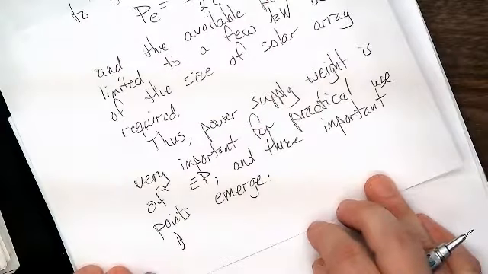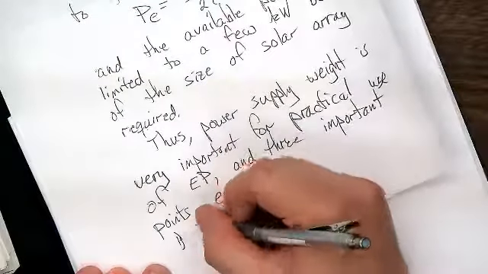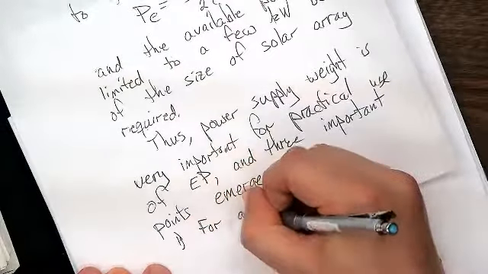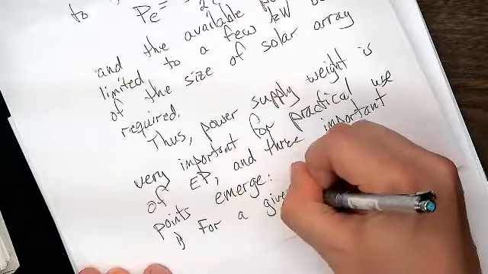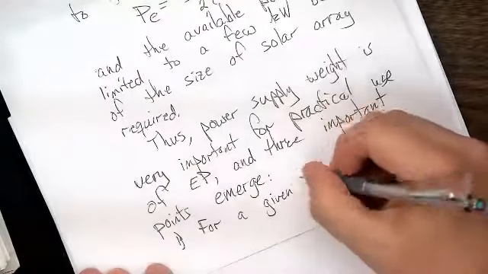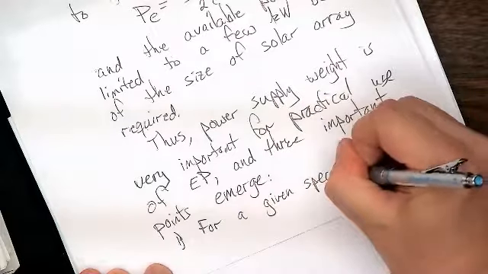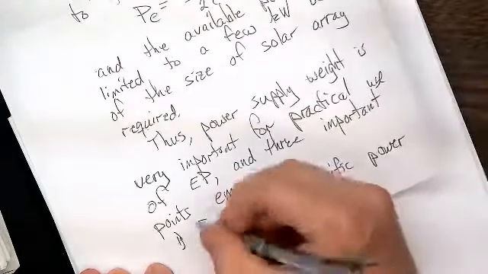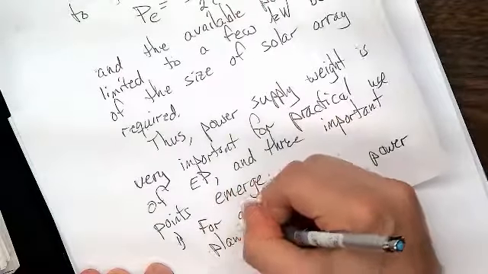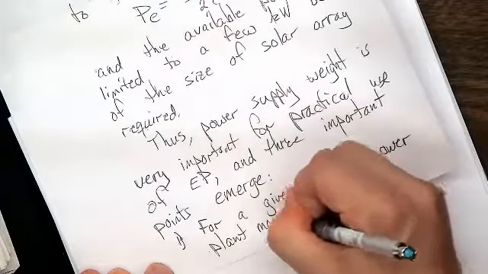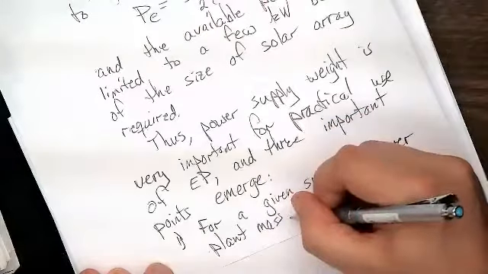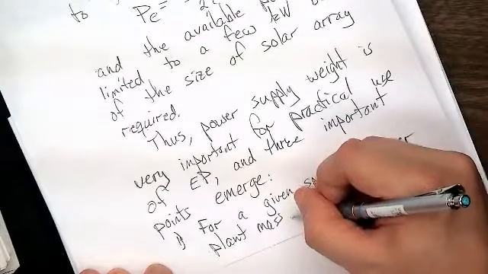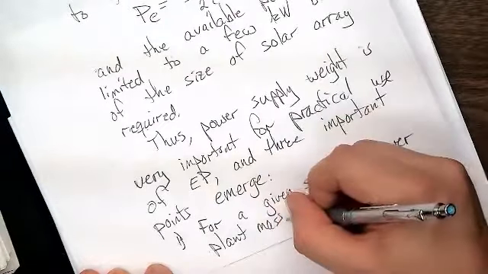For a given specific power plant mass, operation at either too high or too low ISP will reduce payload fraction.